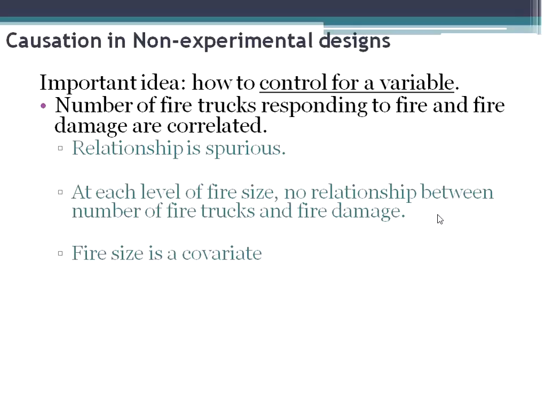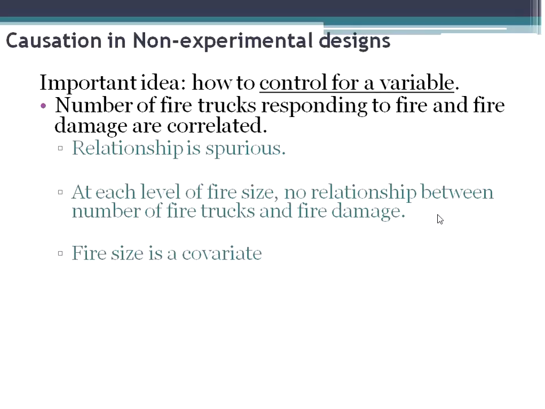So for example, there is a relationship between the number of fire trucks that respond to a fire and the damage that that fire causes, right? As the number of fire trucks goes up, the amount of damage that the fire does also goes up. Significant positive correlation. Now, clearly, the number of fire trucks doesn't cause the damage to the structure, right?